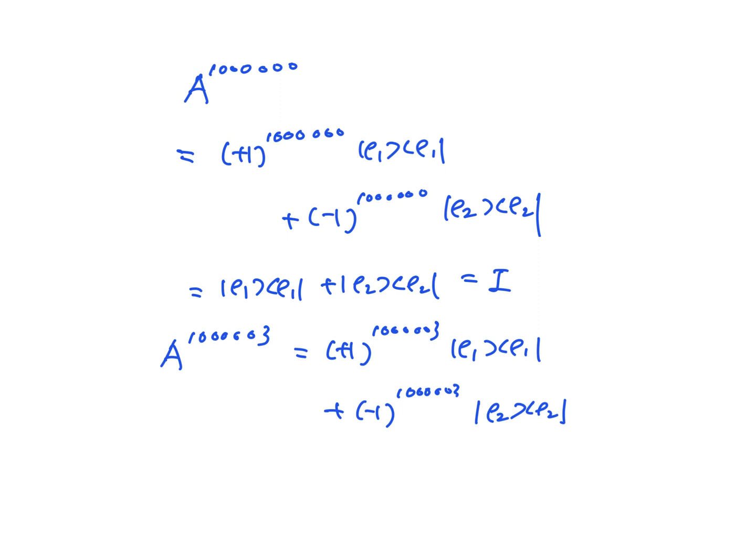So what is plus 1 to the 1,000,003? It's plus 1, right? How about minus 1 to the 1,000,003? Minus 1. So it is simply E1 minus E2, which is A, right? Because you know the spectral theorem. So if you know some particular properties, your math could be fun and save a lot of time.